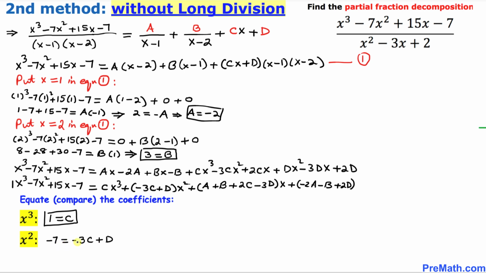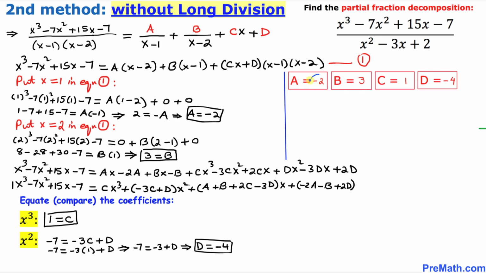And here we can easily find the value of d by just plugging in c equal to 1. So negative 7 equal to negative 3 times 1 plus d. So that is going to give us negative 7 equal to negative 3 plus d. That means d value turns out to be negative 4.